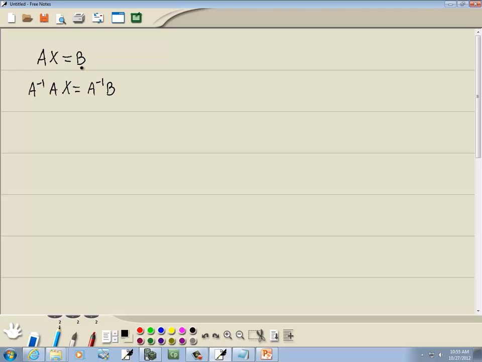Oftentimes this is written lowercase. Now when you take the inverse of A times A, they cancel each other out. So we'd have this right here. Our answers are equal to the inverse of A times B. I'm going to put that up here because we're going to use that in some of these next problems.